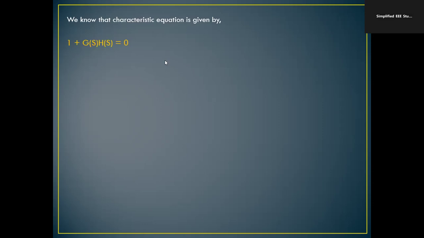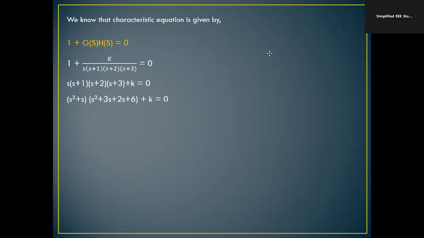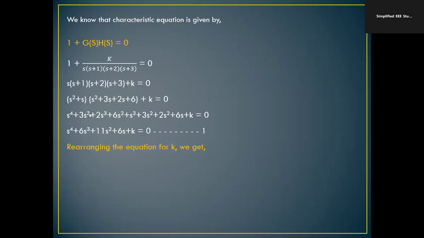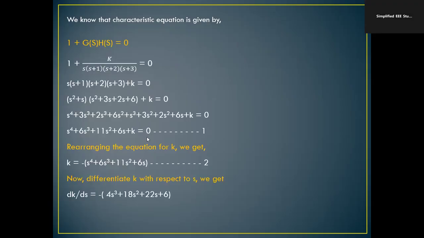Now we have the characteristic equation 1 plus G(s)H(s) equal to 0. G(s)H(s) is already available in the question. So now separate the value of k as per the simplification. Separate k first. Later on, calculate dk by ds.